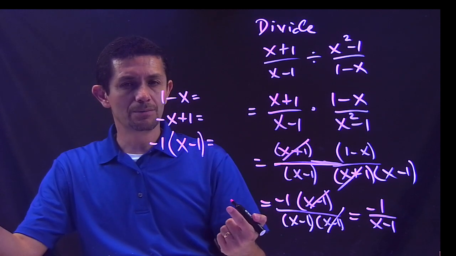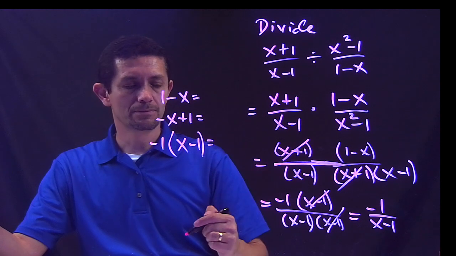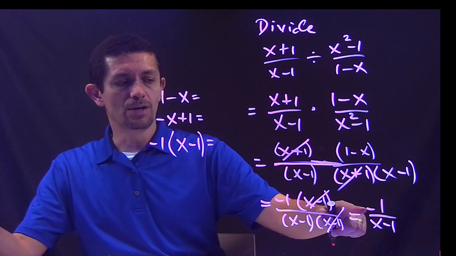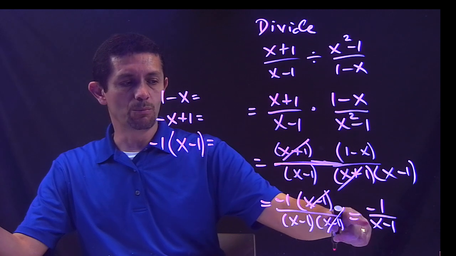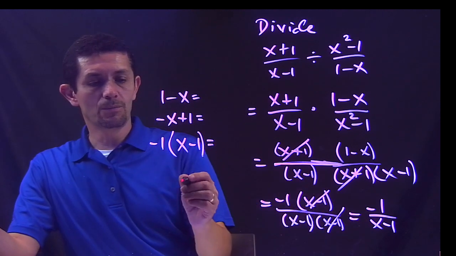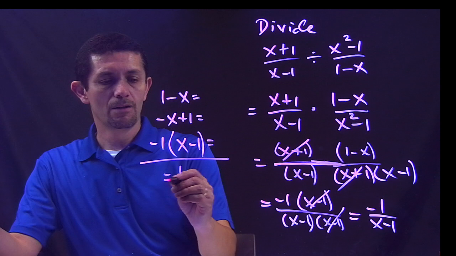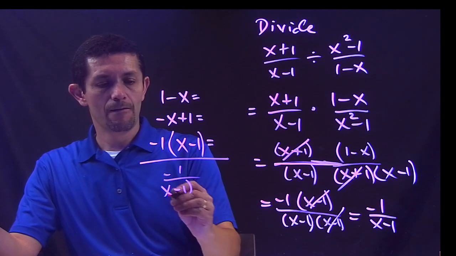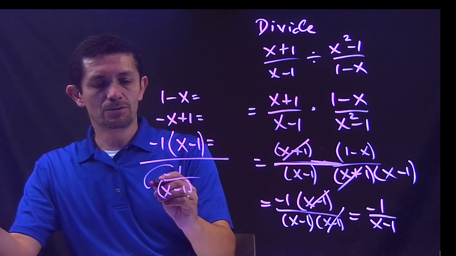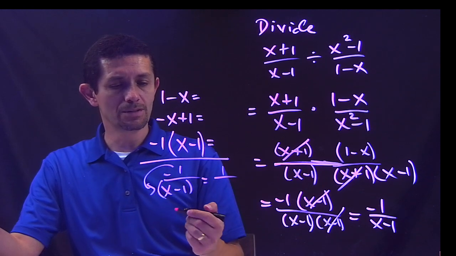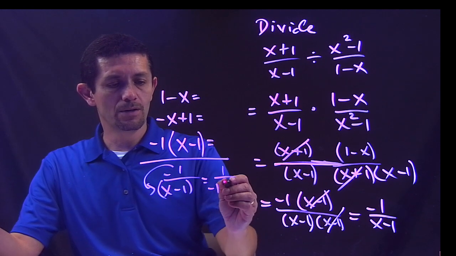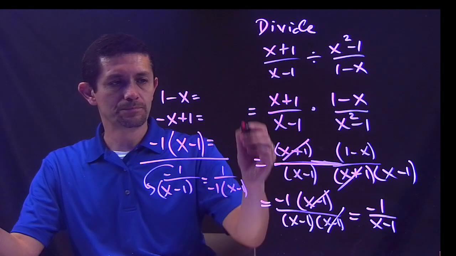Now, many textbooks don't like to have a negative 1 on the top, so they move it to the bottom. Look, that negative 1, let me write it over here, I'm going to bring it to the bottom. So the 1 is going to be positive on the top, and the negative 1 is going to be here.